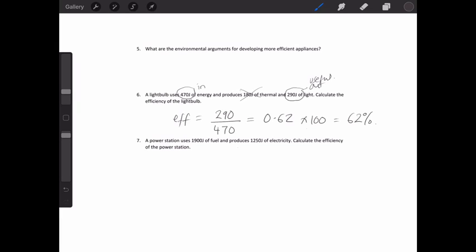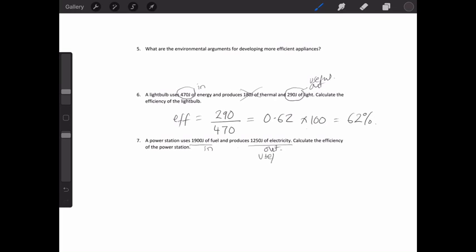Let me show you with question 7. So the power station is using 1,900 joules of fuel, so that's the energy that's going in, and it produces 1,250 joules of electricity. So that's the useful energy that's out.